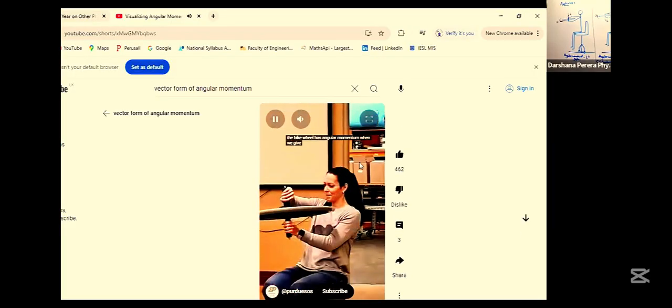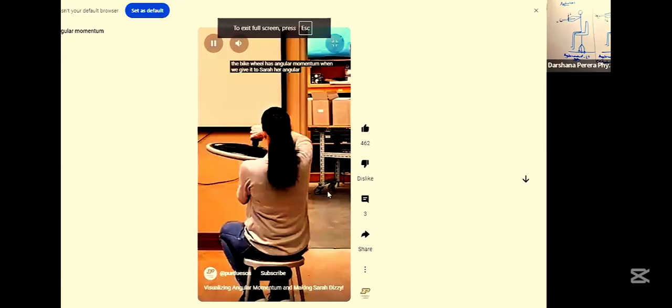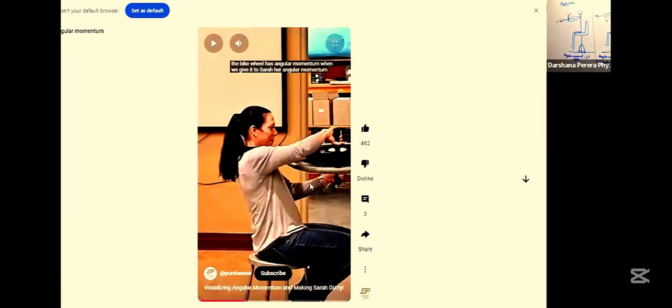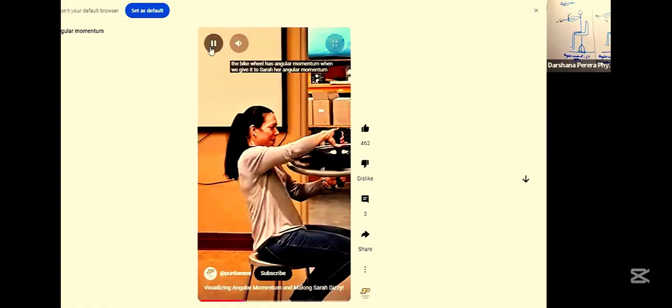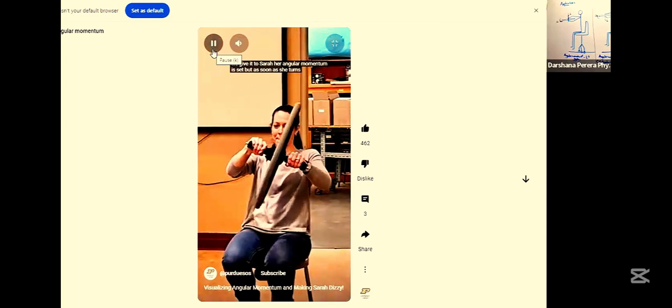In this case, this is a similar case to what we discussed. This is a bicycle wheel, and she held it in hand in one direction, but she turns in the other direction.